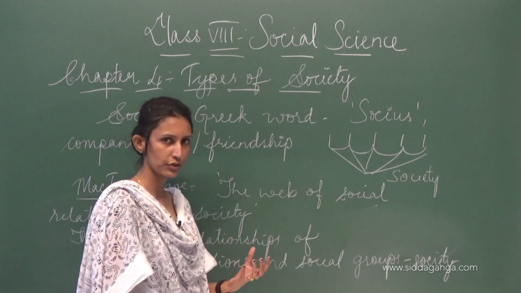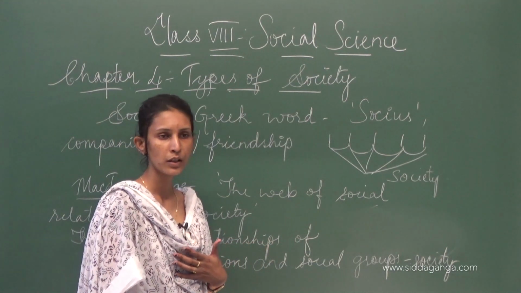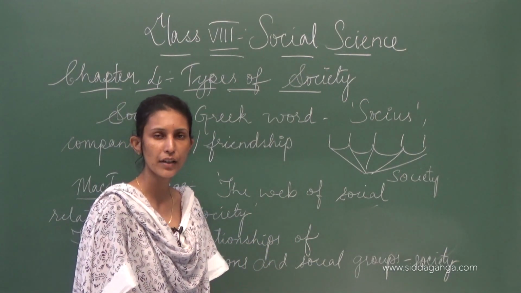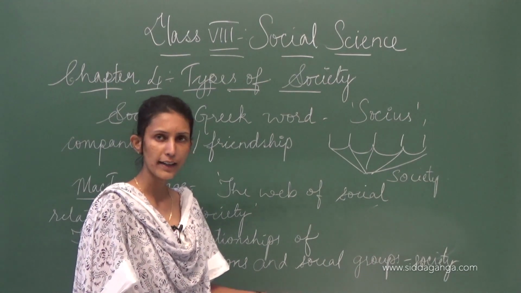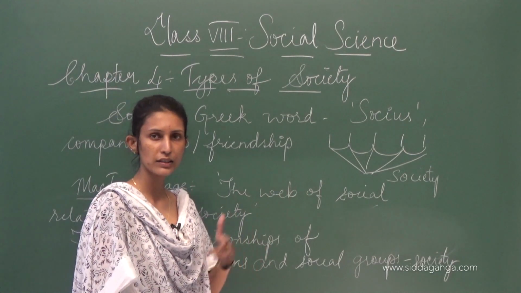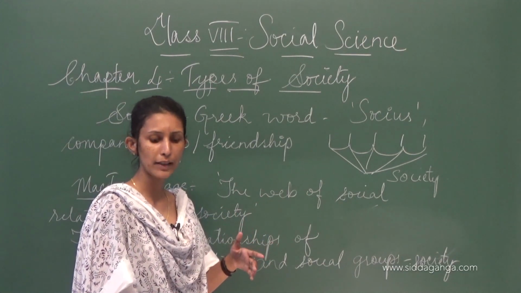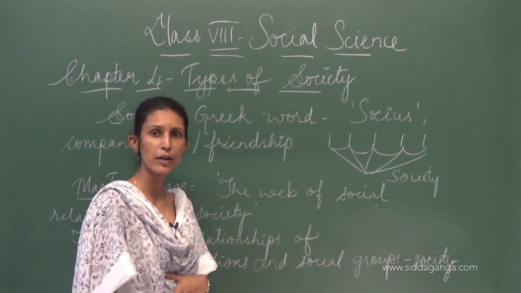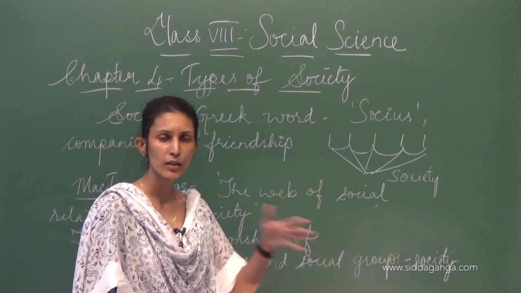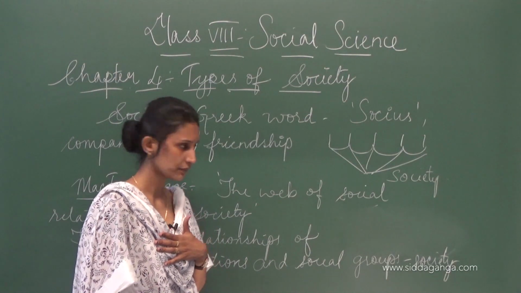So, complex relationship. Now if I have a friend in my neighborhood, I know he is my friend, and I have a close connection to him or her. But the doctor who is there, he may be my family doctor or just a general doctor in the hospital. Do I have any friendship with him? No. But I go to him when I need help.